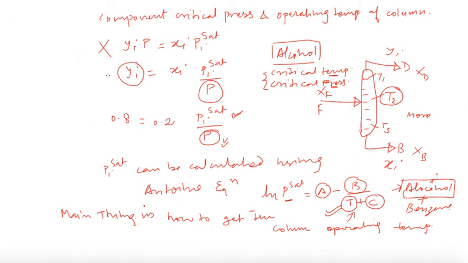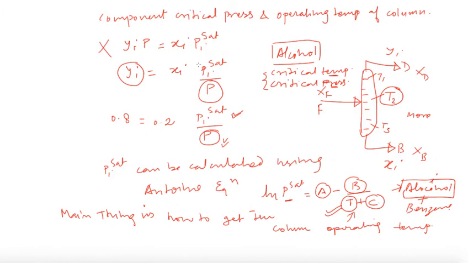Because Raoult's law is not applicable for those components whose critical temperature is less than the system operating temperature. So if Raoult's law is not applicable in a column, there will not be any separation.